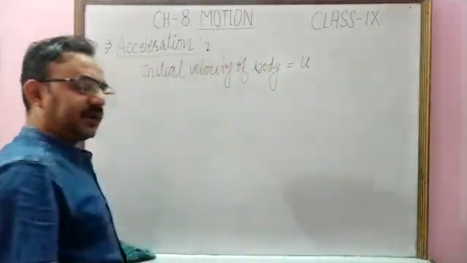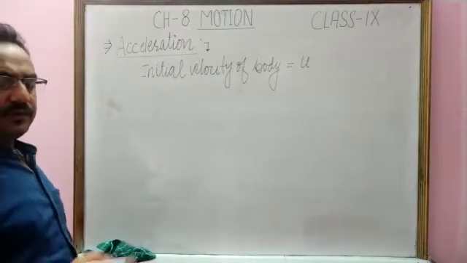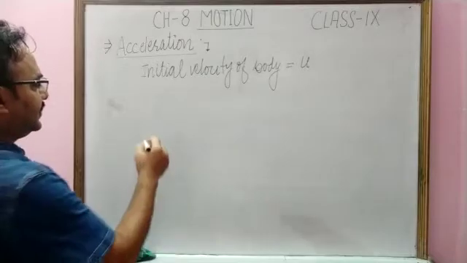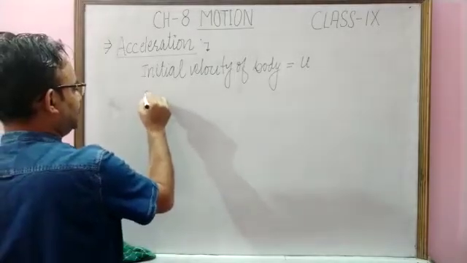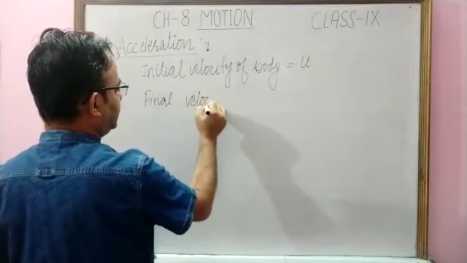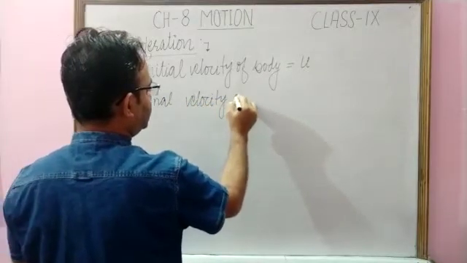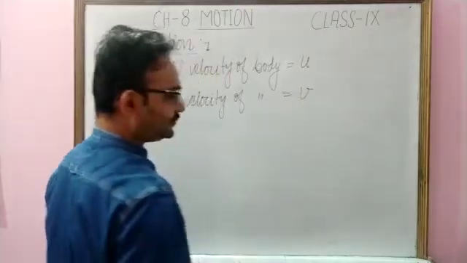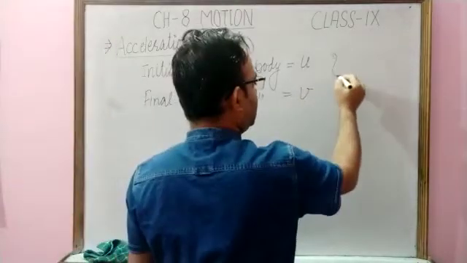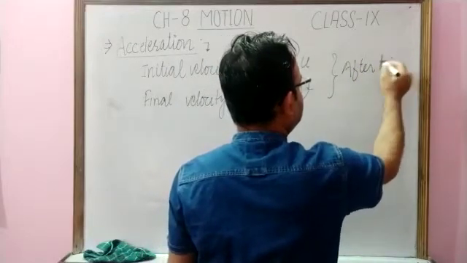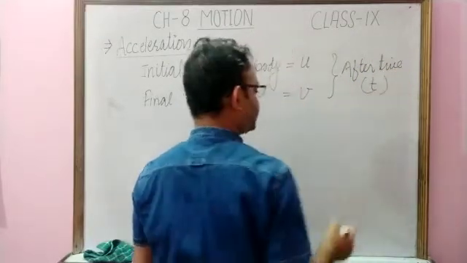And after time t, the body changes its velocity, then the final velocity of the body is v after time t.